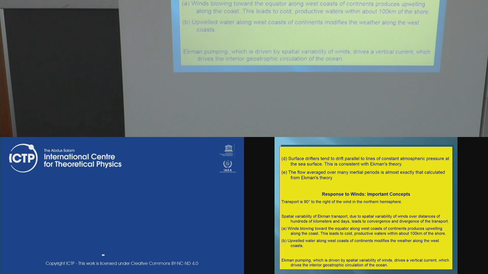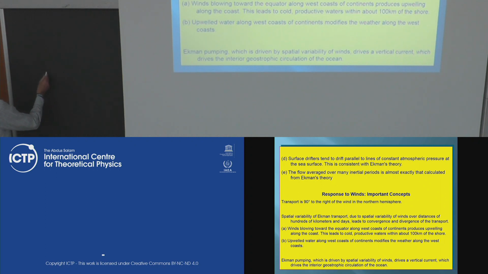At the coast we have seen that, due to the presence of the coast, there is a convergence or divergence. But we have also seen that at the open sea there is this convergence or divergence due to the spatial variability of the wind field.